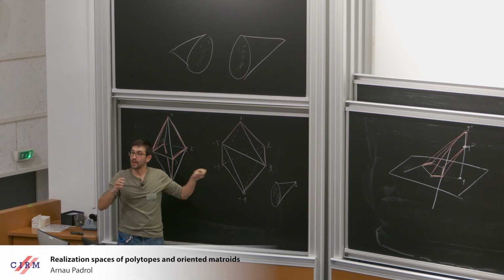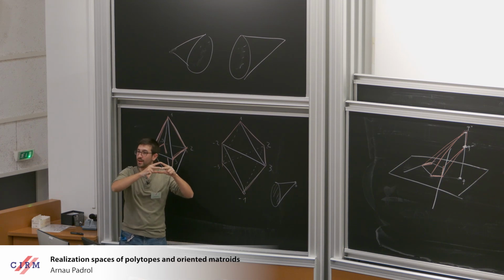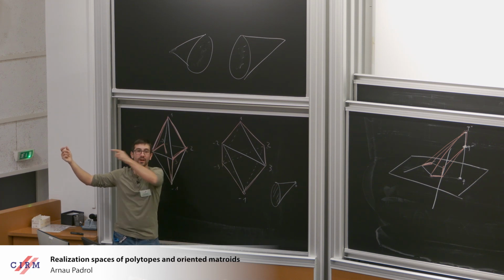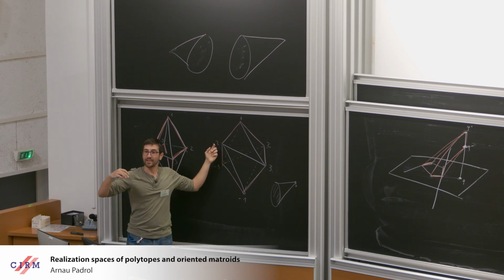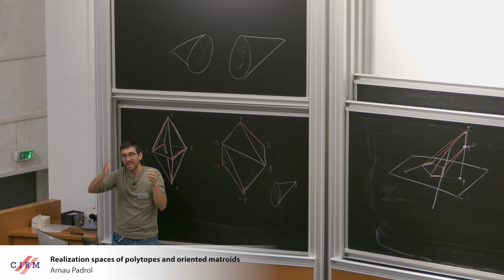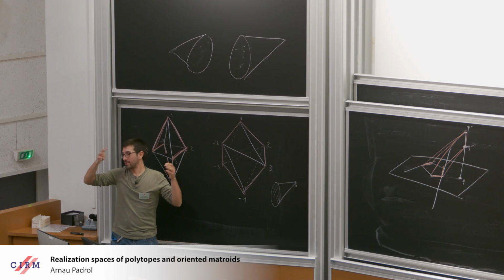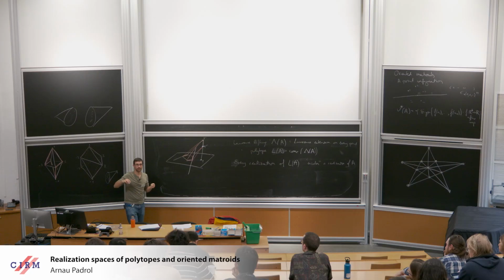Okay, and now take 2 copies of this one, but mirror images, one of the other, and try to go continuously from one to the other, and you will not be able, because you would have to find a flat octahedron in between, and you know that the flat octahedron is not possible. And of course, this is a little bit hand-waving, but this is the first example of a polytope with a disconnected realization space.